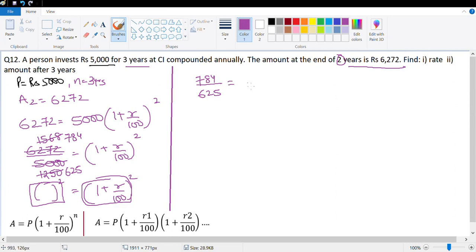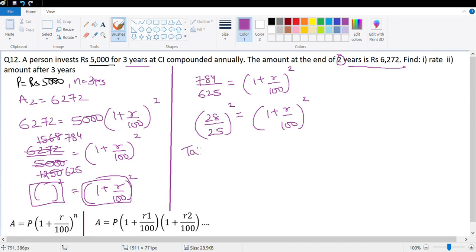I don't have any other factors common between the numerator and denominator. I notice that 784 is 28 square and 625 is 25 square. So now that I have the left hand side also in the form of a square, I can take square root of both sides.